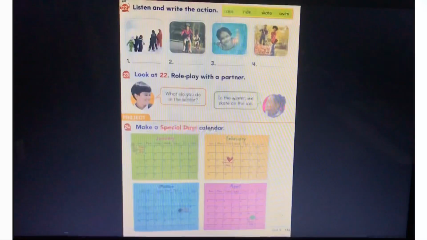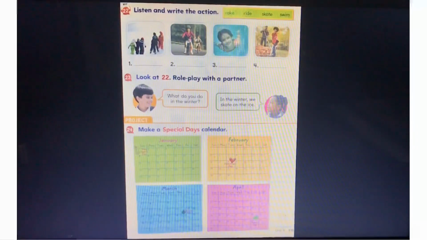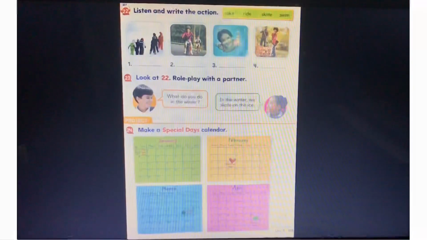Now, we will go to activity 24. On section 24, make a special day calendar. As you can remember, we had already made our special day calendar.